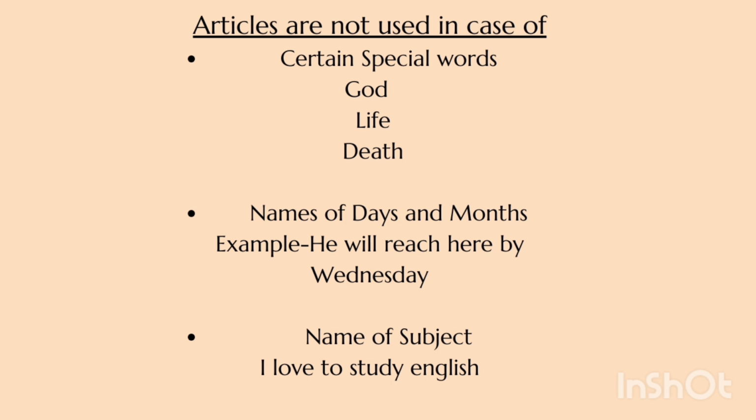Here the articles a and the are not used. The names of days and months. He will reach here by Wednesday. We never say he will reach here by the Wednesday. Names of subjects. I love to study English. We never say I love to study the English.